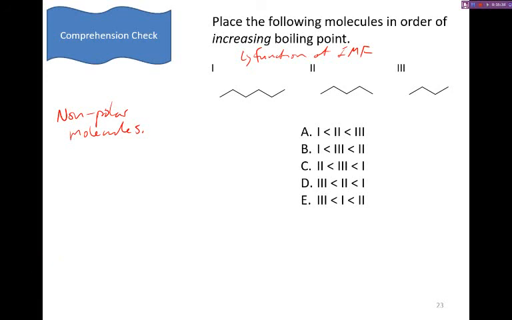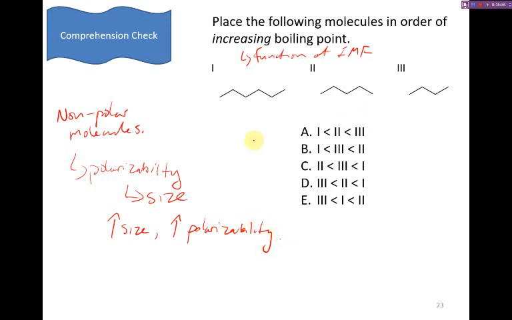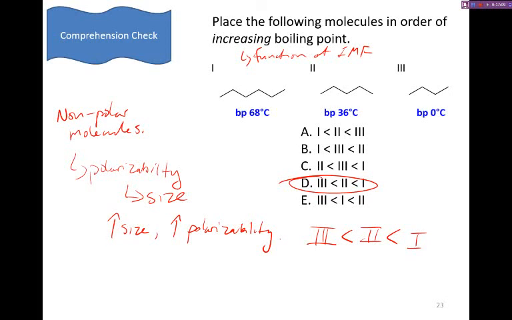Because they're nonpolar, the only thing that matters is the polarizability, which is a function of their size. Increasing size means increasing polarizability. Therefore, the third one is the smallest, the second one's in the middle, and the first one is the largest. And if you look at their boiling points, that corroborates our thoughts here.